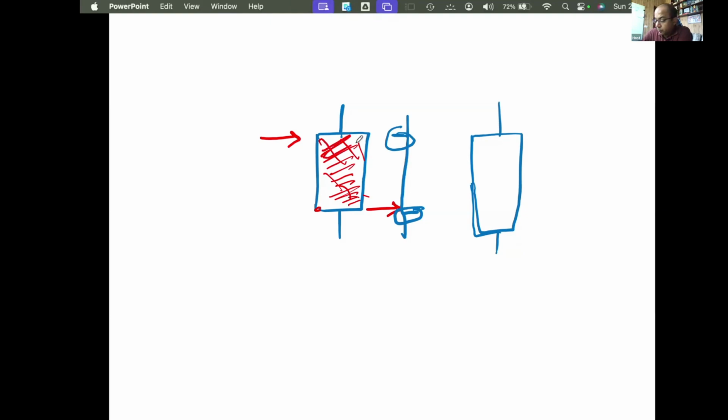Because it is a red candle, you can understand that the open was the higher point, and the close was at the low point of that particular body. The high is the top of that candle, which we call the wick. This is the body of the candle. These two lines above and below are called wicks. The top is the high, this is the low, and the body of the candle represents the open and close.